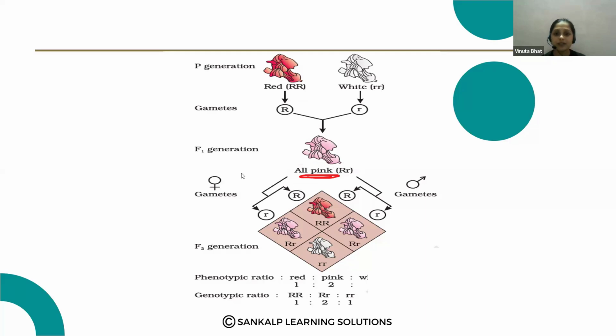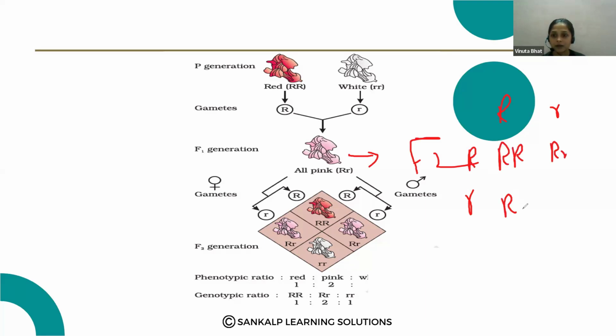When the F1 generation is self-pollinated, they produce the F2 generation with R and r gametes. They produce RR, Rr, Rr and rr: the Rr are pink flowers, RR is the red flower, and rr is the white flower.